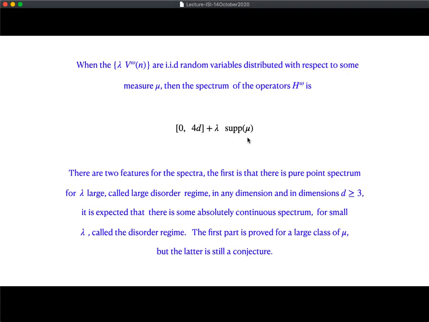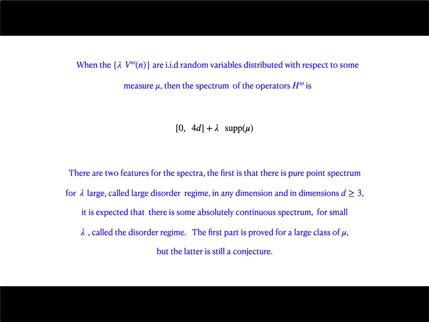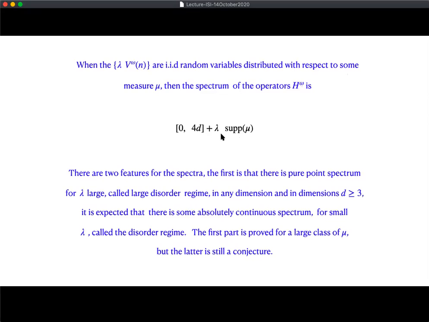The theorem of Pastur assures you only a probabilistic constancy, in the measure theoretic sense, that this is a constant set for almost every omega. So this is the fixed set, which is the spectrum of almost every operator.